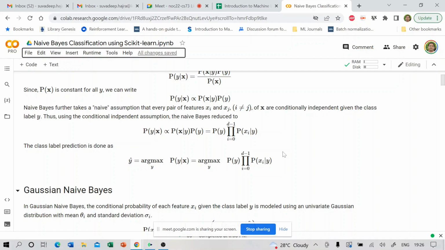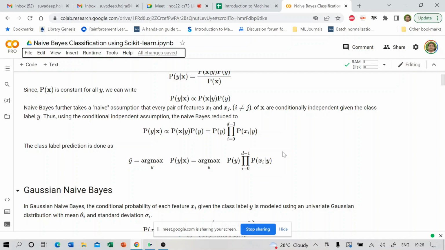So in this example, the total number of parameters in this model will be 2 into k into d plus k minus 1. Now you can compare with the model which assumes a multivariate Gaussian distribution.